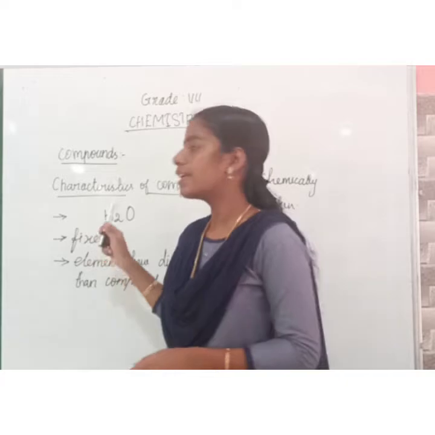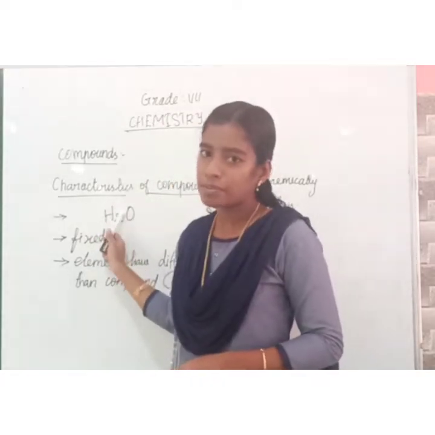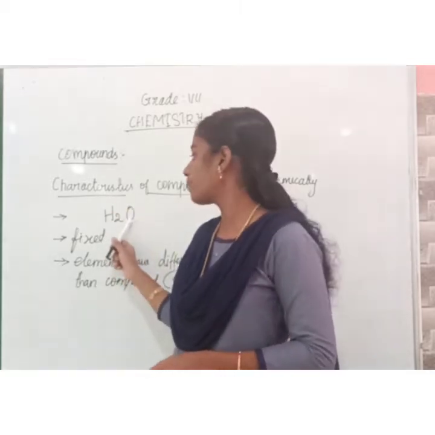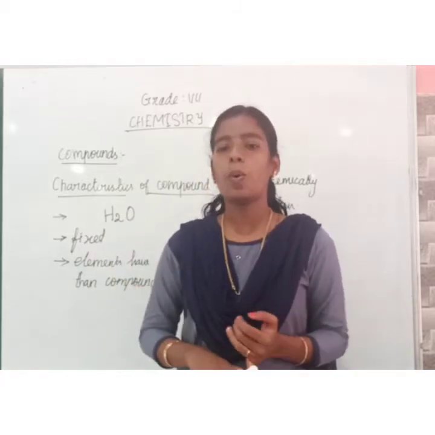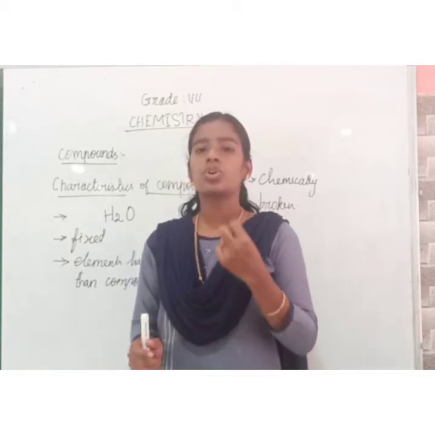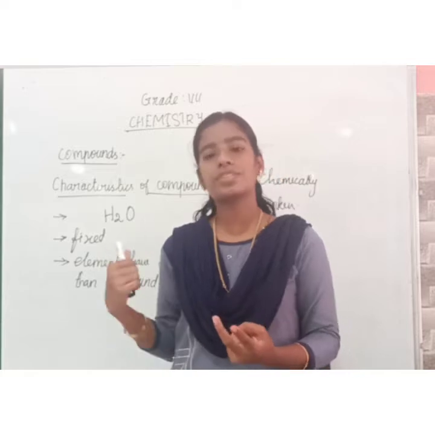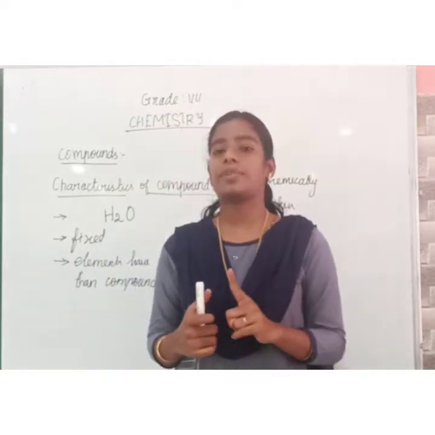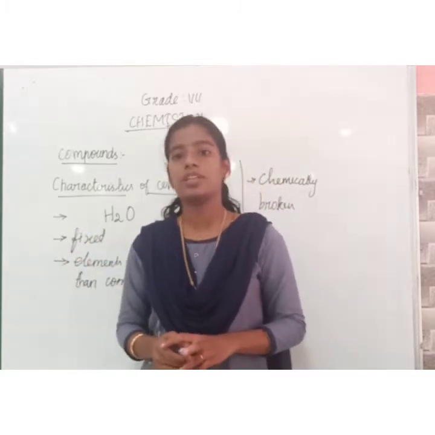Here H is the symbol for hydrogen, O is the symbol for oxygen. In this, H has 2 atoms of hydrogen, and O has only 1 atom of oxygen. These combine together to form the water molecule.